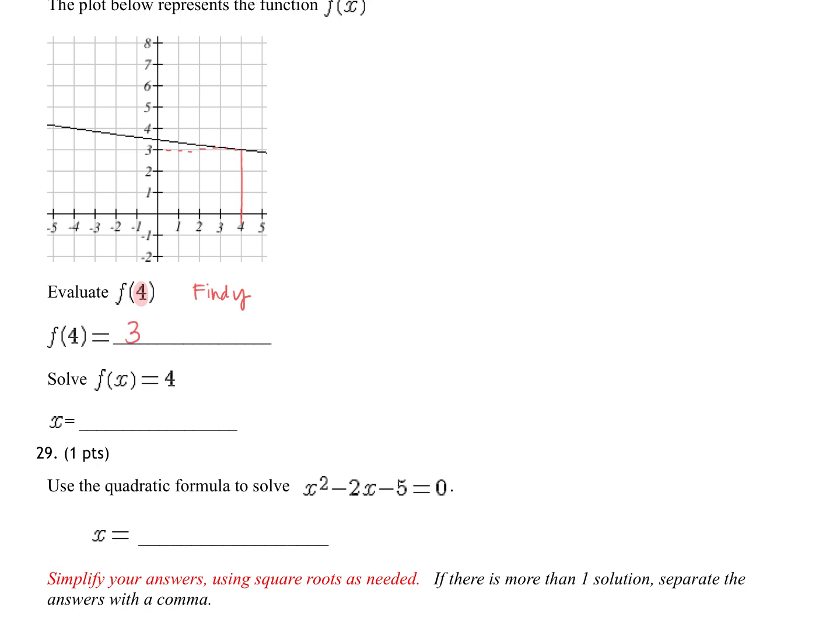And the answer is 3. For the second part, it's telling you the y value is 4, and it wants you to find x. So if the y is 4, I'm going to go over and see what x is. The x associated with that is negative 4.